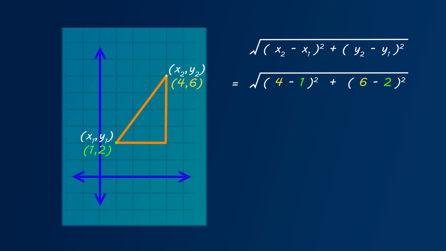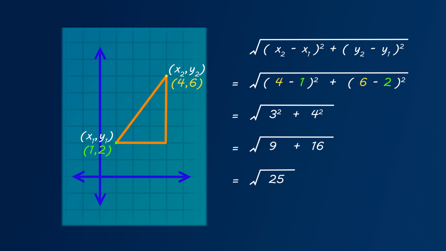Now subtract the x's to get 3 going across. Subtract the y's to get 4 going up. Square these. Now add. Lastly, square root. The distance between the points 1, 2 and 4, 6 is 5.